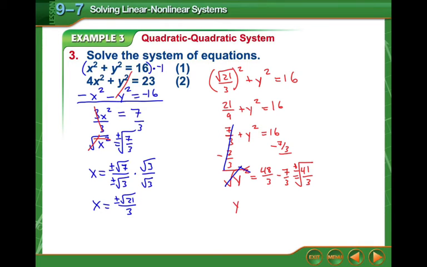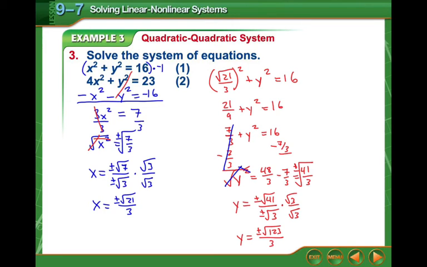So we have y is equal to plus or minus square root of 41 over plus or minus the square root of 3. Again, we're going to multiply by square root 3 over square root 3. And that's going to give us y equal to, so 41 times 3 is 123. So it's plus or minus the square root of 123 over 3.